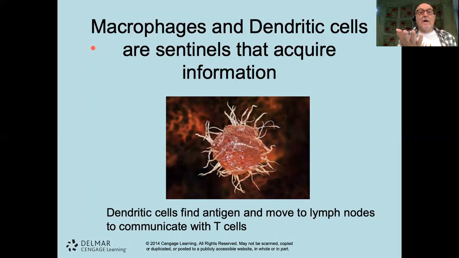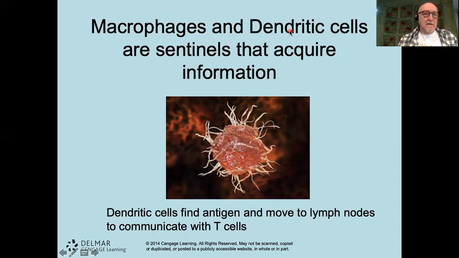I mean, if you, for instance, have a viral infection that starts in your throat, we have to get the information from the tissues of your throat into the lymph node for an adaptive response to really commence. And that depends on these two cells, macrophages that you've heard about before, and another set of cells called the dendritic cells, which are rather like the macrophages.